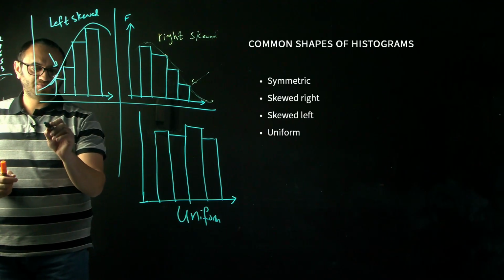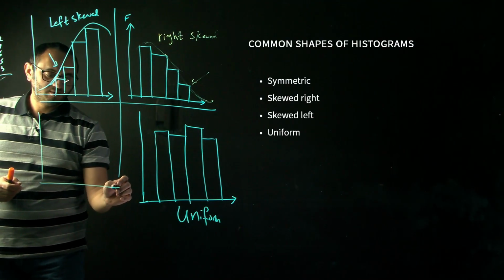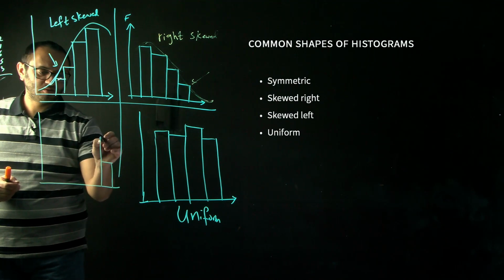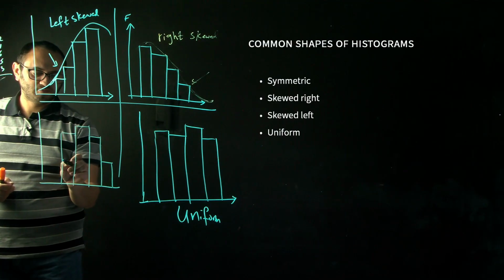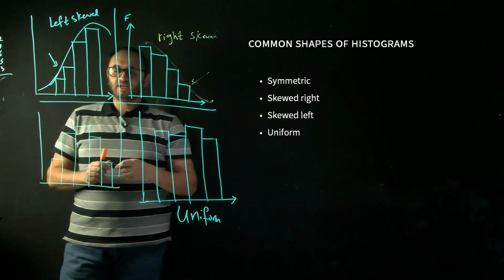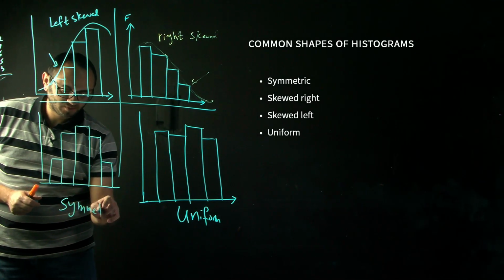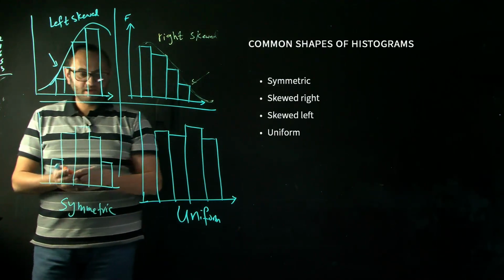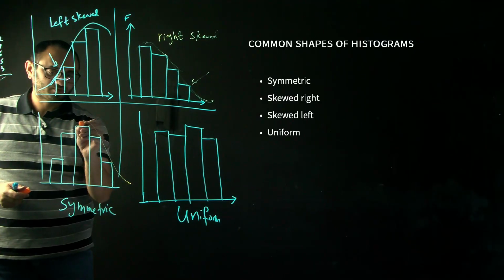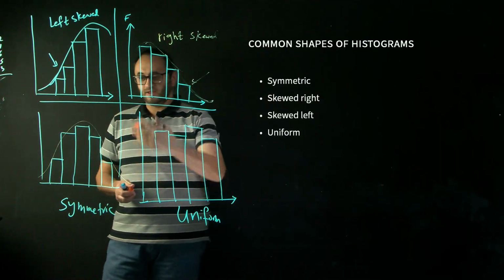The last one is the symmetric. When you have something like this, it looks like the normal distribution. So this is called a symmetric histogram. For the symmetric histogram, if you add a curve, you should have something that looks like the normal distribution curve.